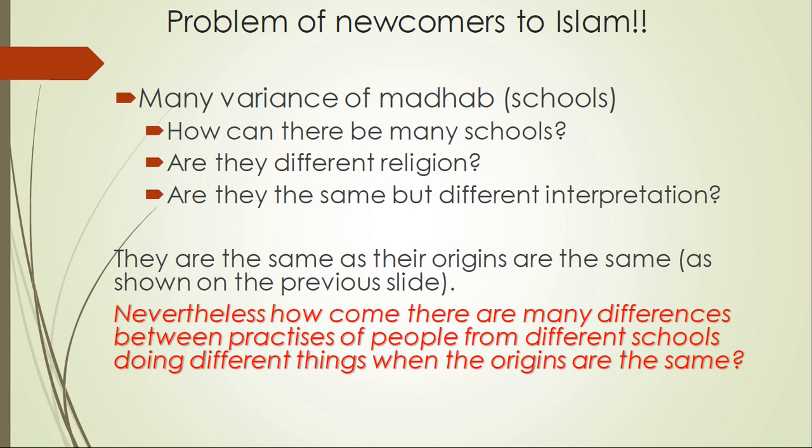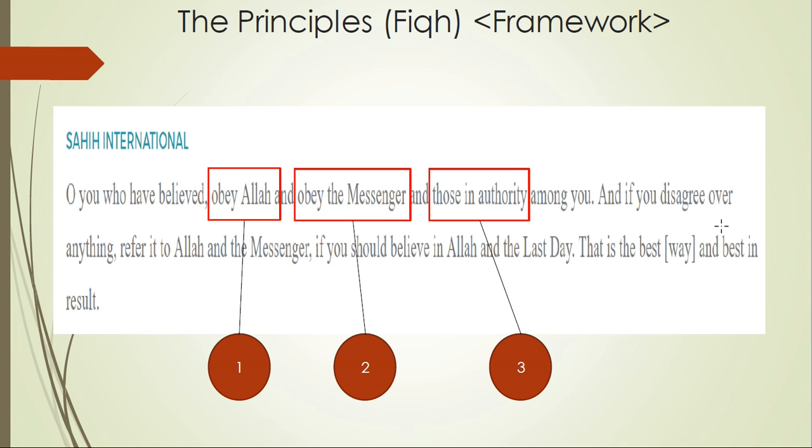The answer would be they are obviously of the same origin, but they are different because they belong to different schools, where jurists or faqih of different schools form their own opinion over certain issues. The issue is not number one and number two.